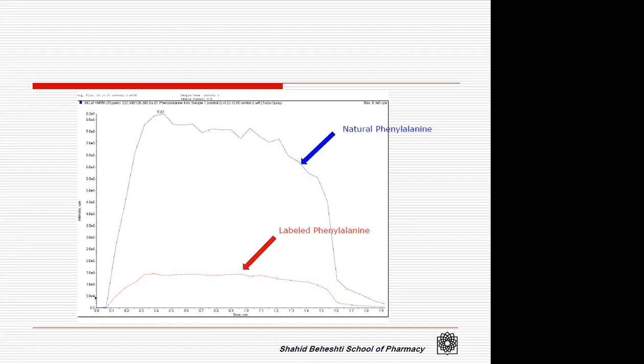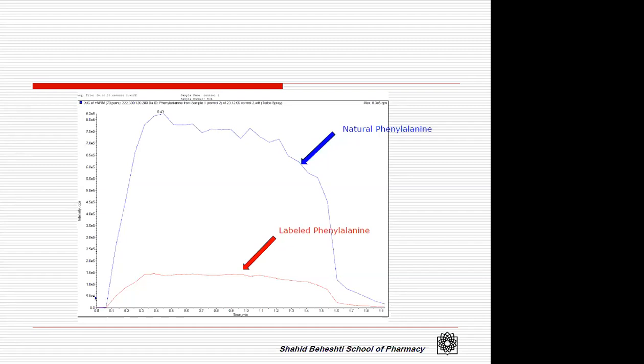We just inject the sample, which is extracted by methanol from the dry blood spot, directly to the mass spectrometer. And since all the biomarkers have different molecular weights and their own mass transitions, the mass spectrometer is able to generate a separate signal for each one of them without being worried about interferences from the other compounds.